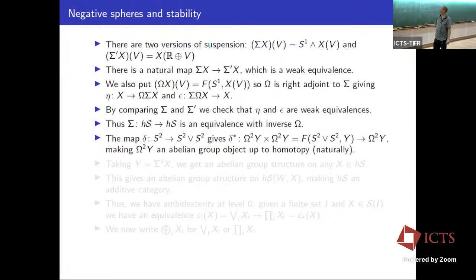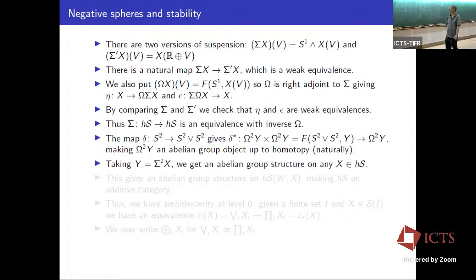So you've got this map delta from S2 to S2 wedge S2, and this gives you a map delta star from F(S2 wedge S2, Y) to F(S2, Y). F(S2, Y) is the double loop space, and F(S2 wedge S2, Y) is the product of two copies of the double loop space. So you've got this map from loop squared Y cross loop squared Y to loop squared Y, giving you a binary operation on loop squared Y, which is associative, commutative and unital up to homotopy. So loop squared Y is an abelian group object in the homotopy category.